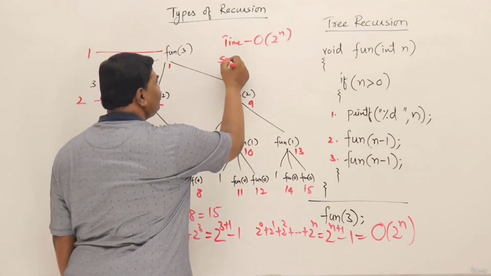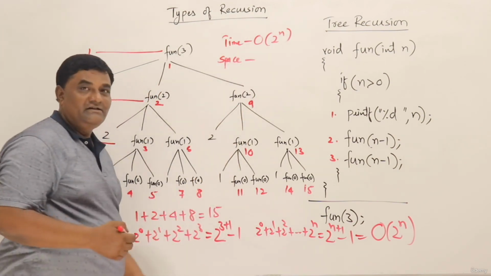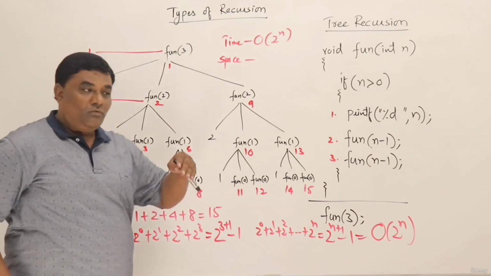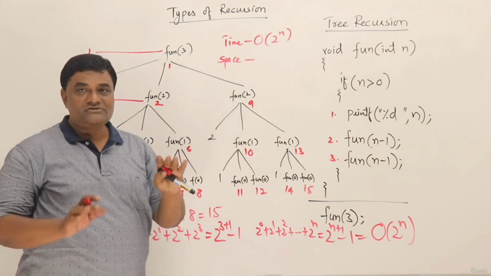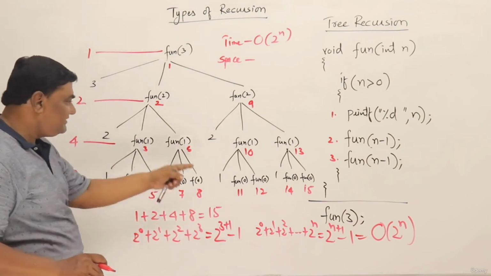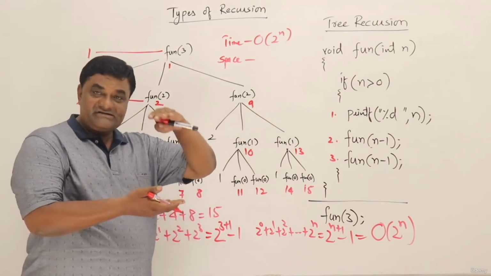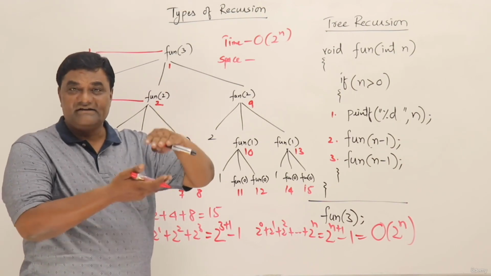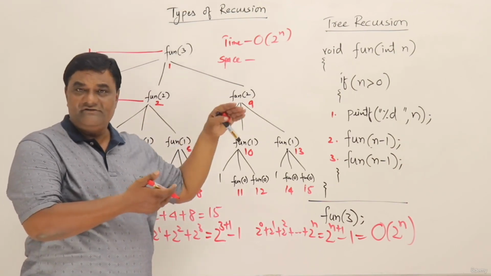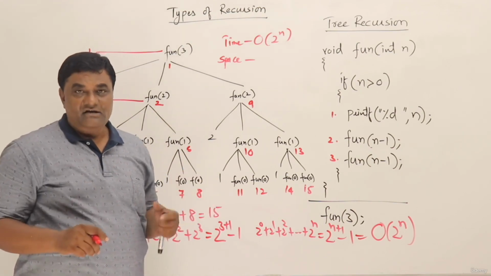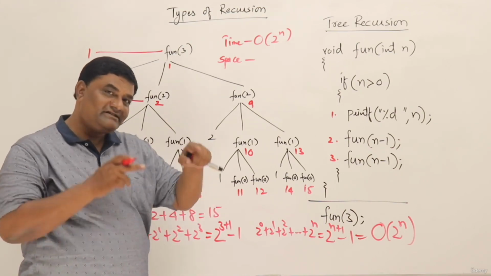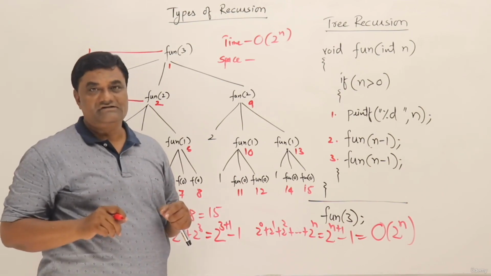Then what is the space complexity? It depends on the maximum height of the stack, because the total activation records depend on the number of calls, but how much space it was occupying inside the stack? You have observed that the same space was reused inside the stack. One activation record was gone and in the same place another activation record was created.